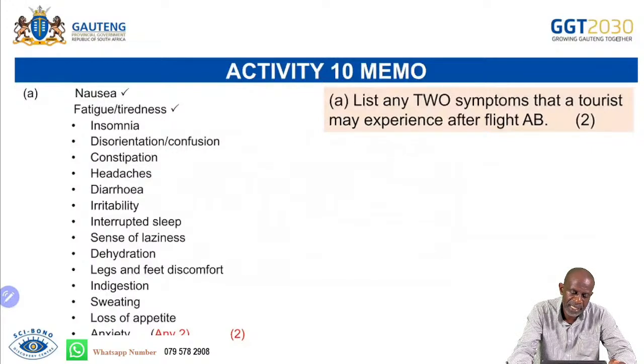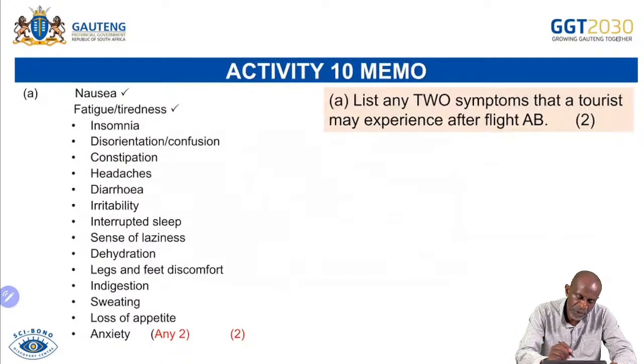More in detail, you'll feel nausea, insomnia, disorientation, confusion, constipation, headaches, diarrhea, irritability, interrupted sleep, dehydration, legs and feet discomfort, indigestion, sweating, loss of appetite, and anxiety.